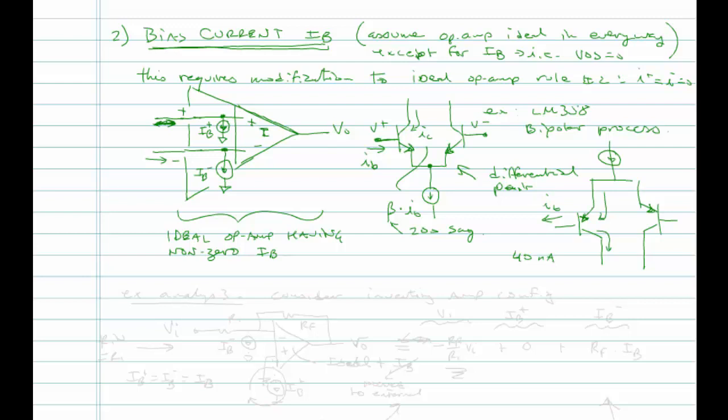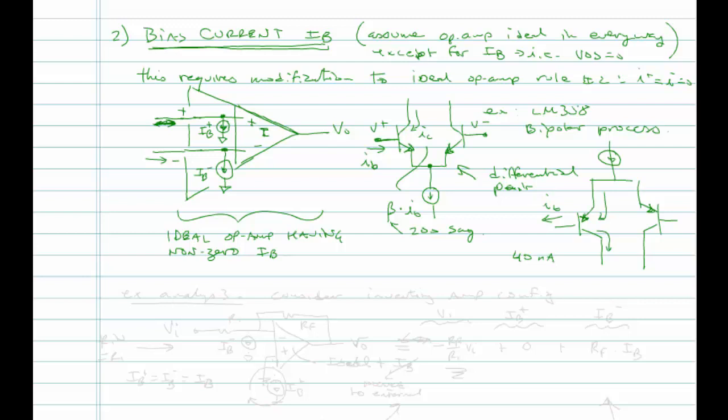I'm just giving you that as a little bit of background, or under the hood, so you know the underlying mechanism for why we have some bias currents in our op-amp inputs.